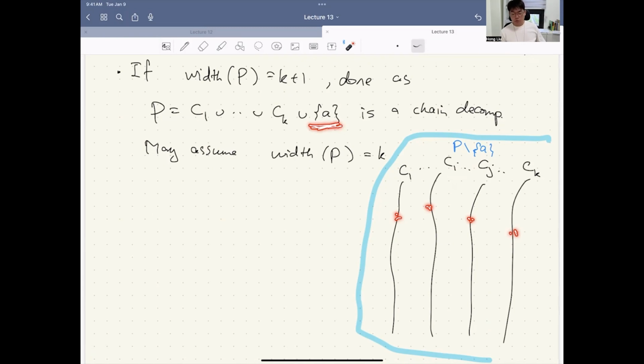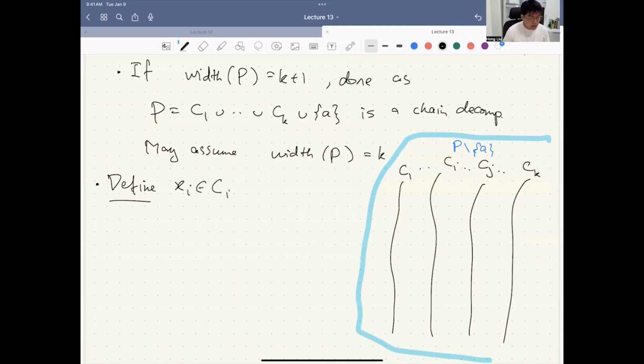So this special anti-chain we're going to pick, this is the clever point. Define xi in Ci to be the max element in Ci that lies in a max anti-chain.